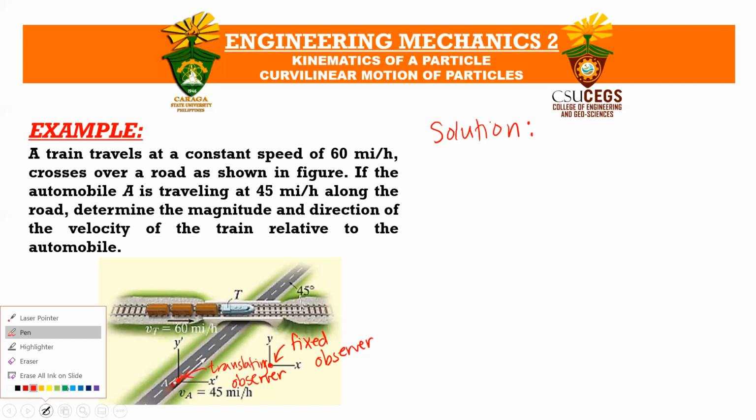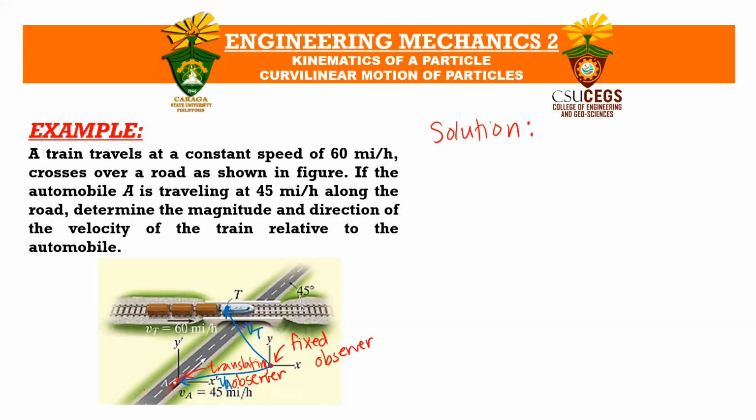So from the fixed origin, we can determine the velocity vectors of the automobile and train. From the fixed origin going to your train, it is denoted with v sub t. And from the fixed origin going to your automobile, that will be denoted with the velocity vector v sub a.